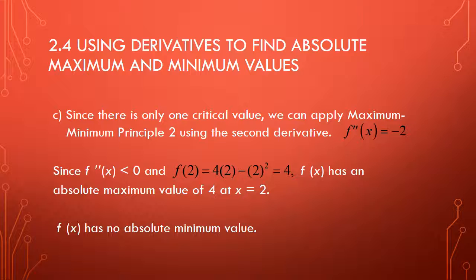So since the second derivative is negative, it's concave down, which means we have a maximum. So our x value of 2 gives us a y value of 4, and that point gives us our absolute maximum. So the function has an absolute maximum value of 4 at x equals 2 and has no absolute minimum value.